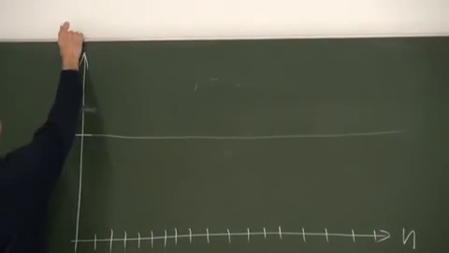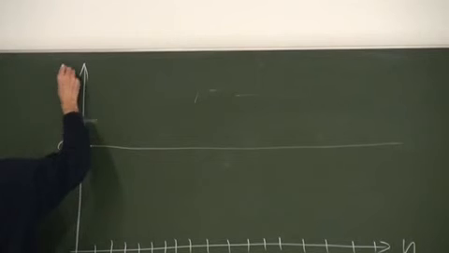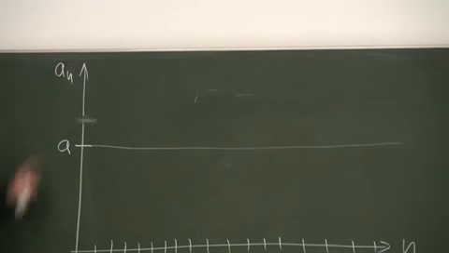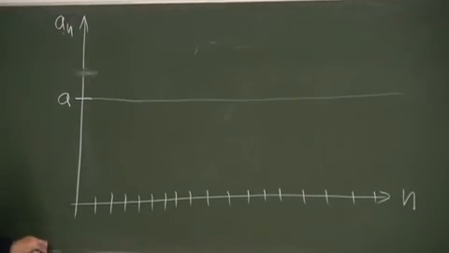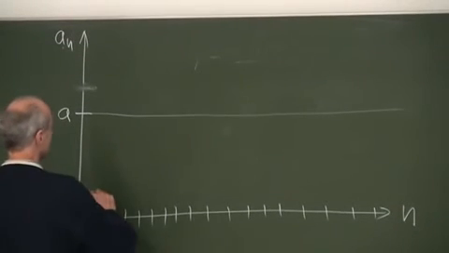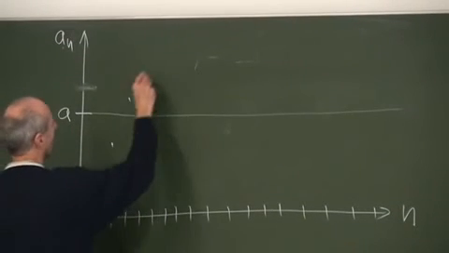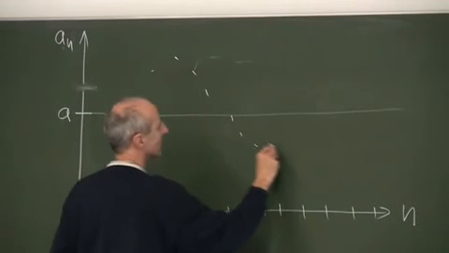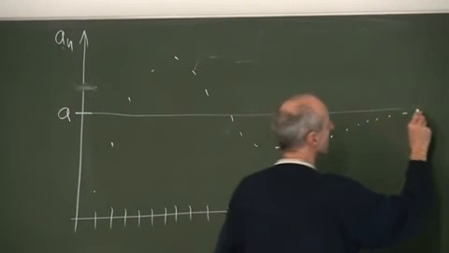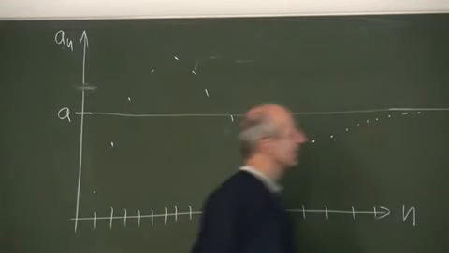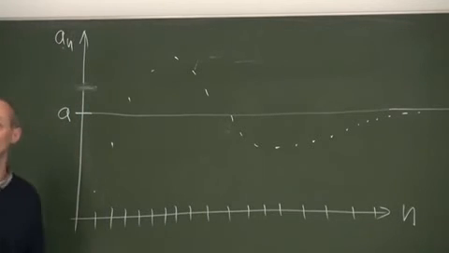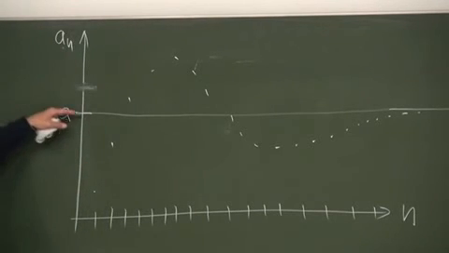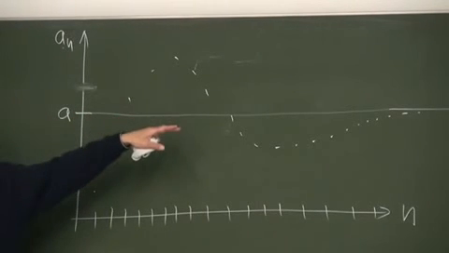And here, this is the axis for our a_n. a_n is a real number, n is a natural number. And now we have some sequence. And now let's assume this sequence converges to this limit a.